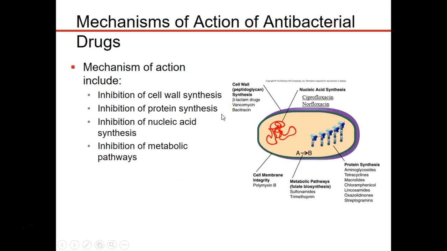So how do these chemicals work? Antimicrobials work using different modes of action. One of those modes might be to inhibit cell wall synthesis.